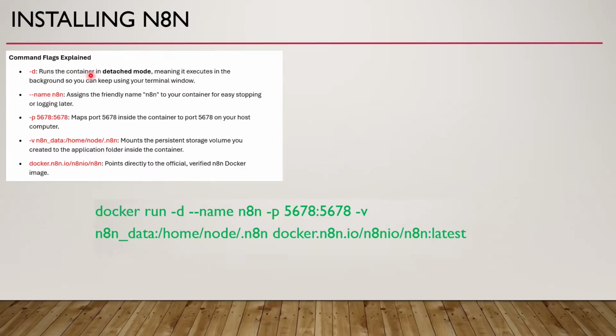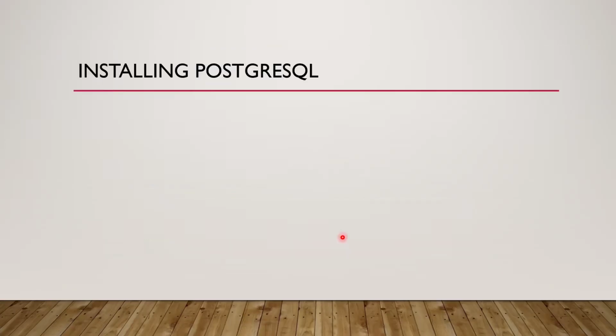This stands for detached mode, and this is the name of our container. This part of the command maps port 5678, and this is the volume which is mounted, and this is the official location or site for the Docker image of N8N.